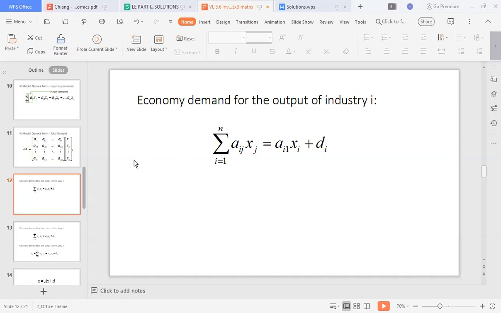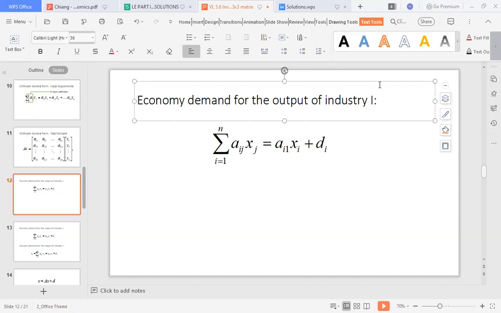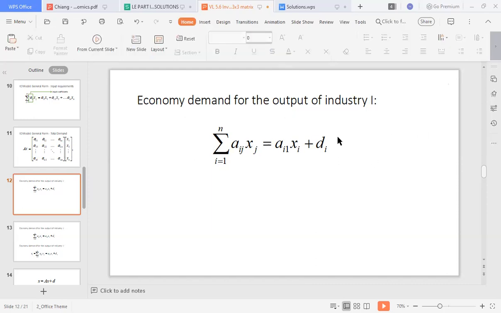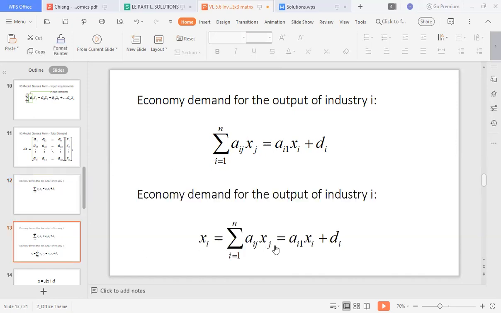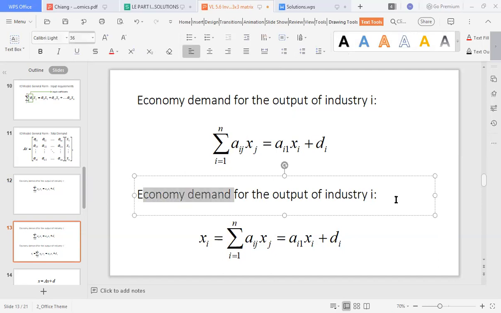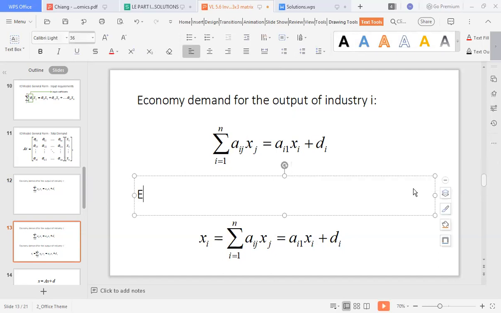Now, the input-output model is used to correct output levels. We need to stay consistent with all the input requirements needed in the economy. So if this is our demand for the output of industry 1, or industry I, it should also equate to a supply, the economy supply.